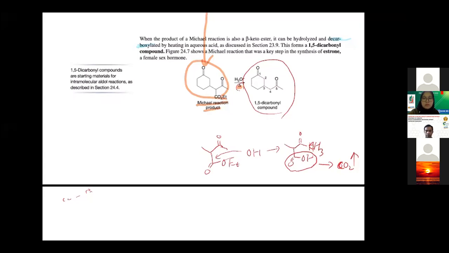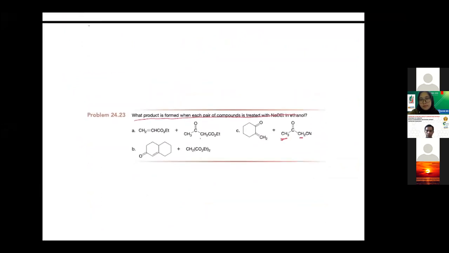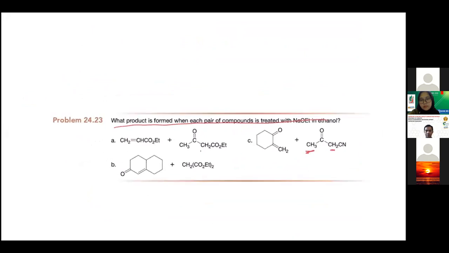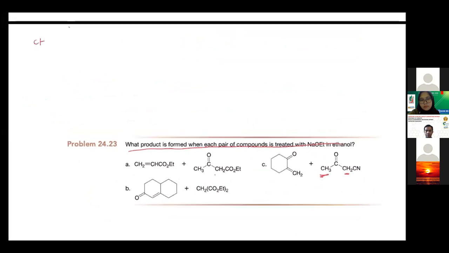Next. Okay, this is the exercise again. What product is formed from each pair of compounds treated with base? Yes, we want to think about it again.